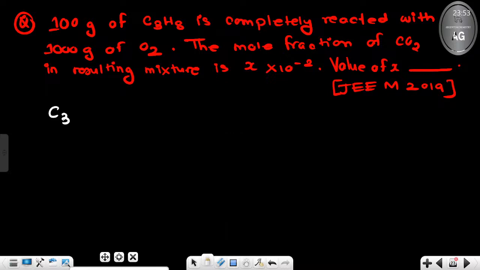Reaction is C3H8 plus oxygen forming CO2 plus water. Don't say that you don't know the reaction because every hydrocarbon gives you CO2 and water only. That much you all know, right? Now you have to balance the reaction. So let's balance 3 carbon.